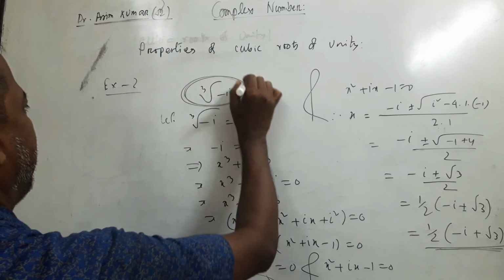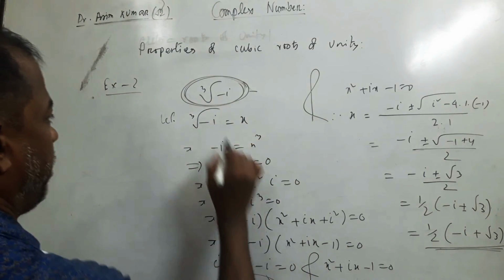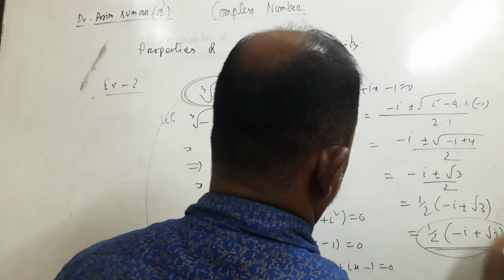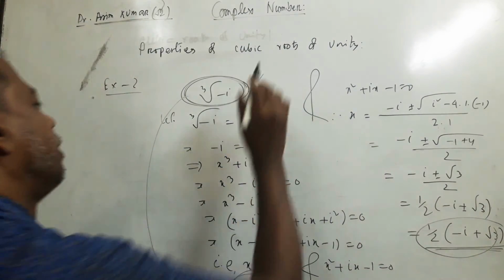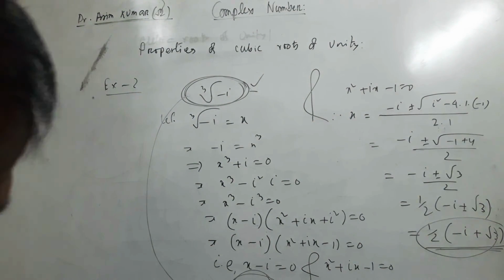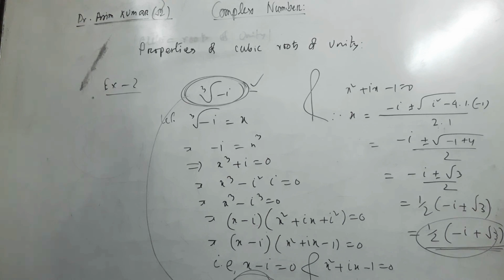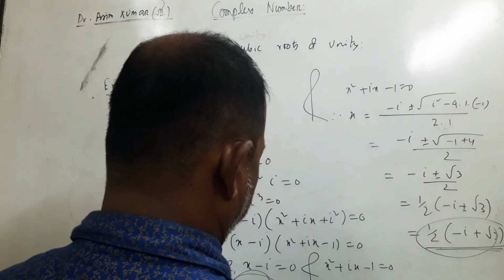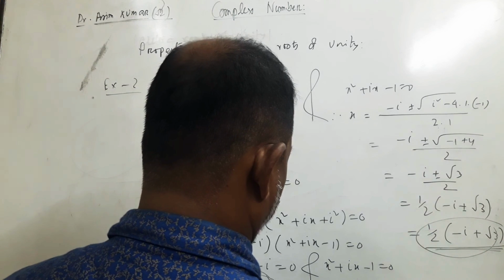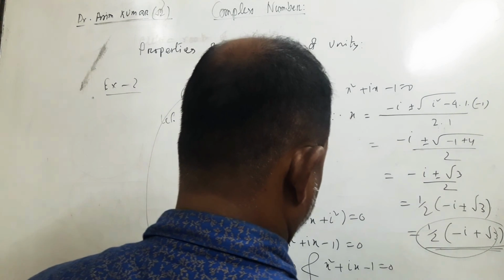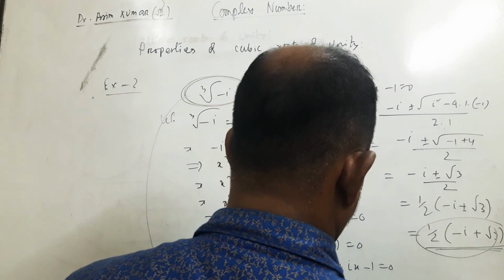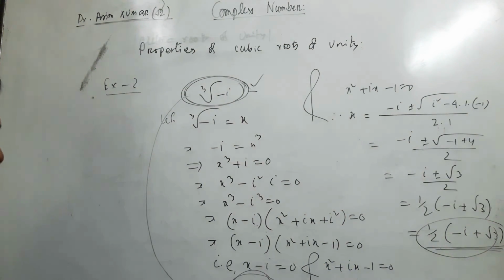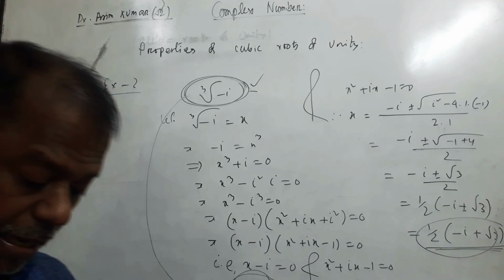The roots are i, half into minus i plus root 3, and half into minus i minus root 3. Well, it's the result. Well, thank you.